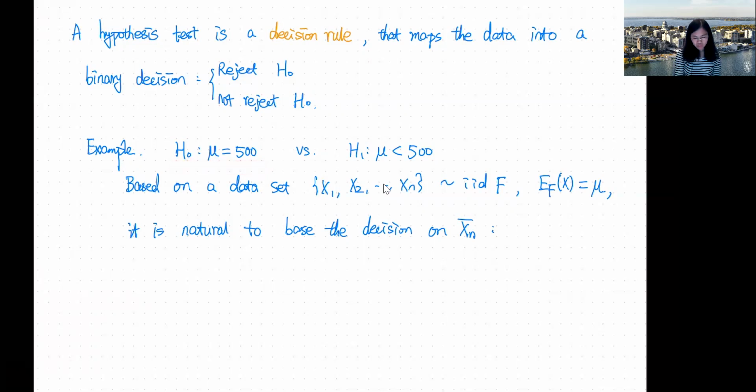And because we want to prove that the company maybe overstated the runtime of their battery, so we set the alternative to be the one-sided alternative, mu less than 500. And we want to evaluate this hypothesis based on a data set, which is an IID sample from their population of batteries.